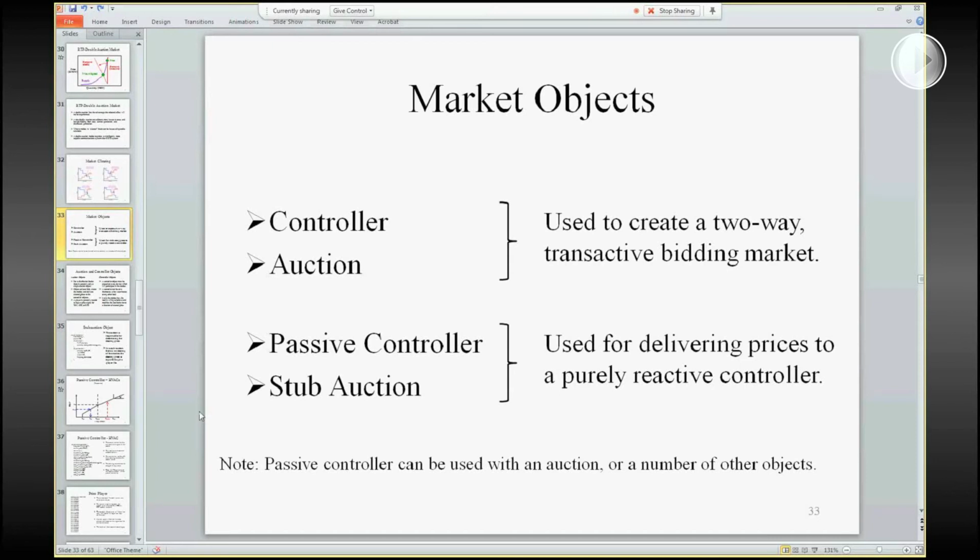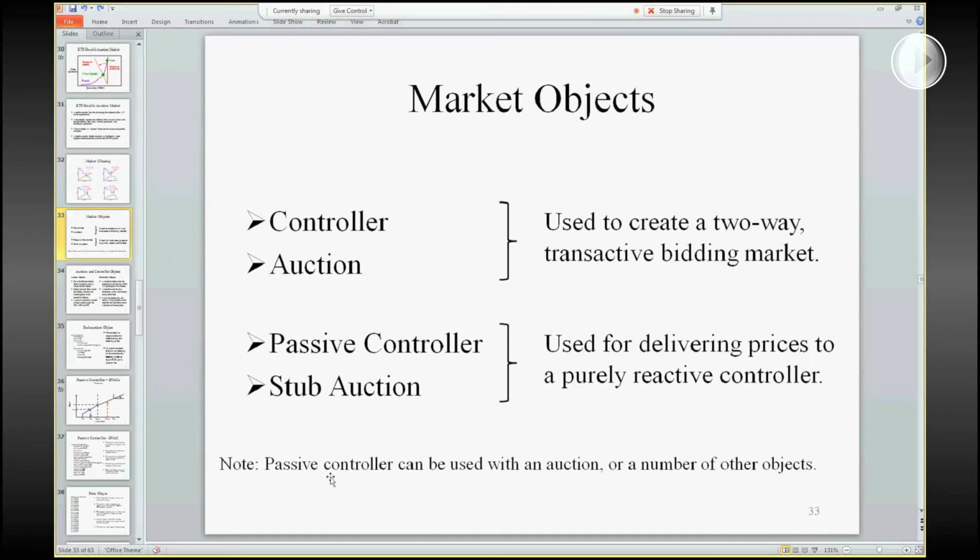They're the device that collects all the information, broadcasts it back out to the other devices. And in the case of a two-way transactive bidding market, the auction is actually looking at ways to formulate all the market curves and calculate what the optimal point is within your constraints.